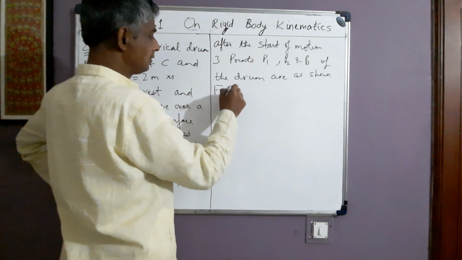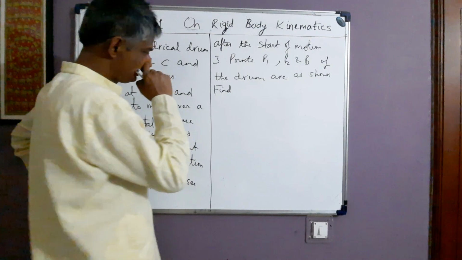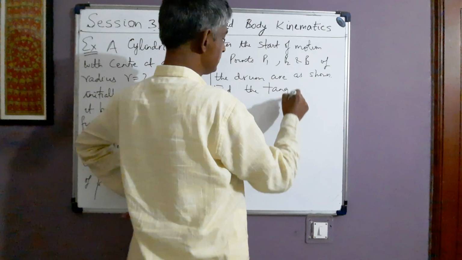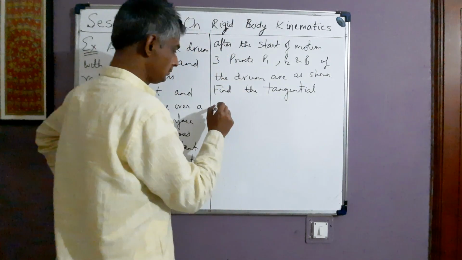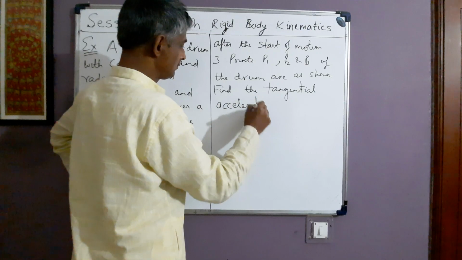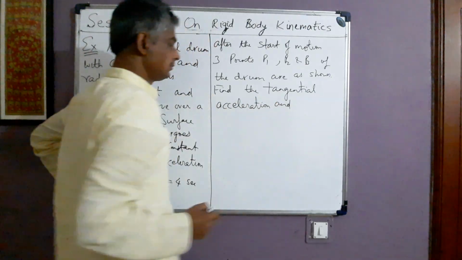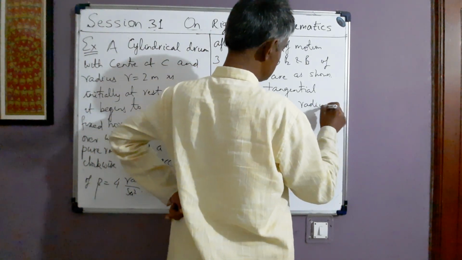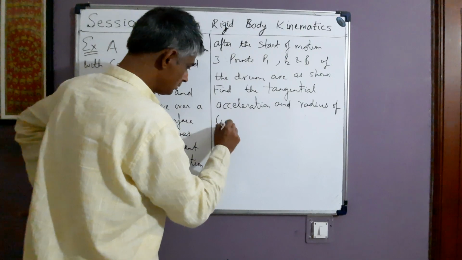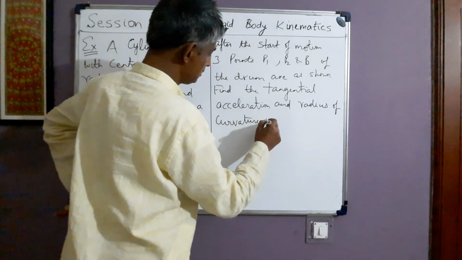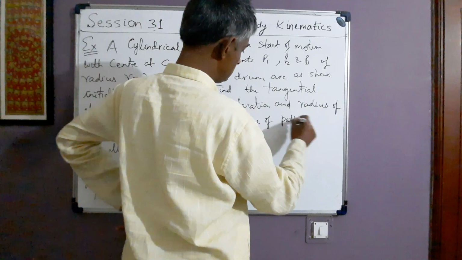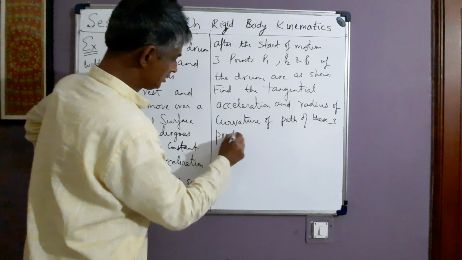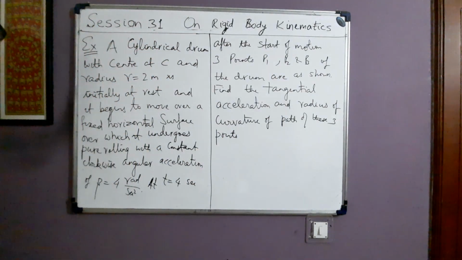Find the tangential acceleration and radius of curvature of path of these 3 points. Okay, fine. So this is the question.